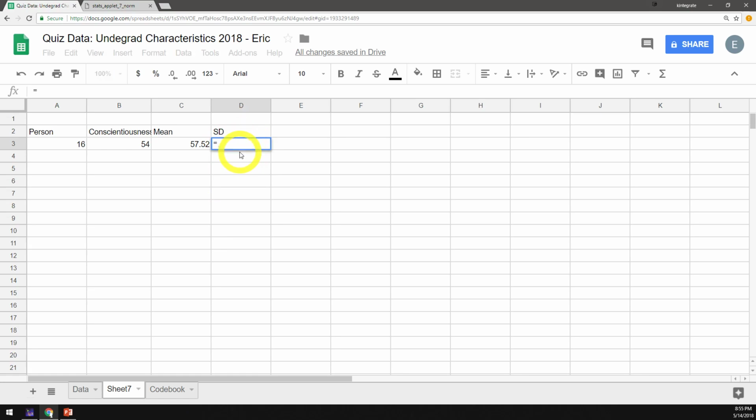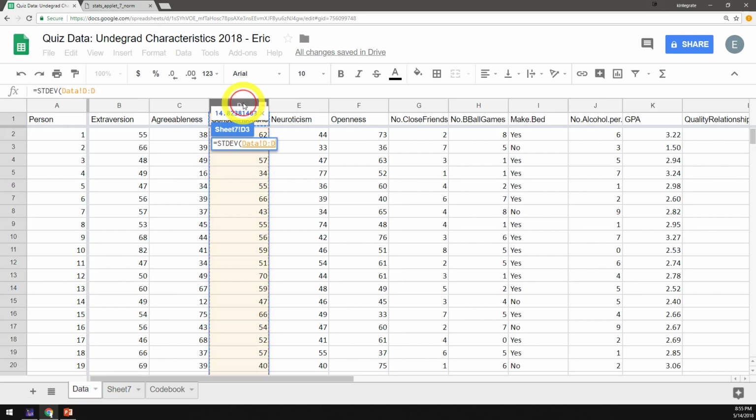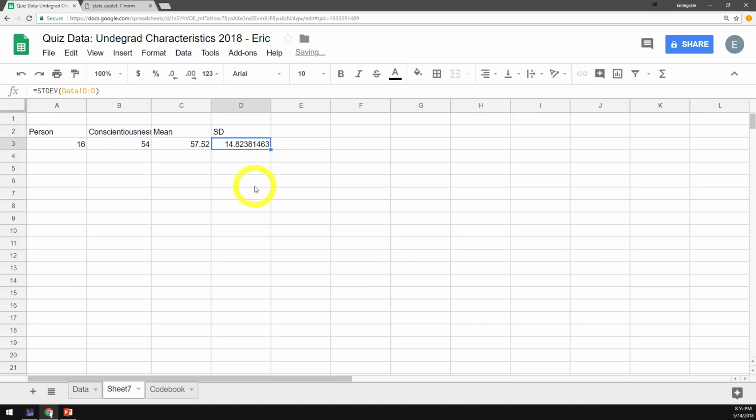We'll hit equals, type S, get our standard deviation, go back over to data, select the whole entire column, and hit enter. We get a standard deviation of 14.82. Let's round to the hundredth. And we're almost there. Now what we have to do is calculate the z-score.